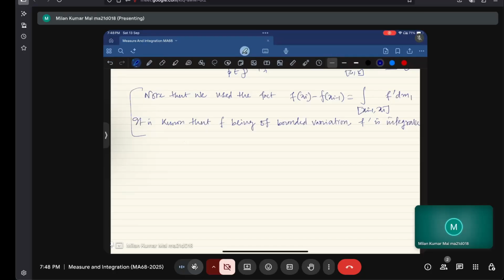And the other way around will also hold, that f(xi) minus f(xi minus 1) is equal to the integration. I think this is okay. We don't need to do anything, because there is a theorem which I don't want to write.